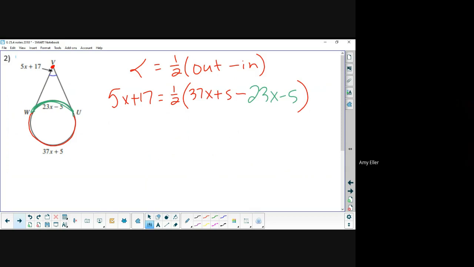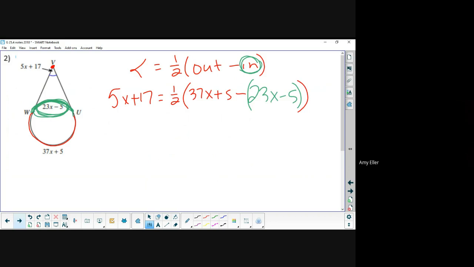I am subtracting the inner arc. The inner arc is right here, which is this piece. I'm supposed to subtract that inner arc. I need to subtract this. I need to subtract 23x minus 5. What I have written here is that I'm just going to subtract the 23x. I have to subtract the entire thing, so I have to subtract all of it. Very important to add parentheses, otherwise our final answer is not going to be right.